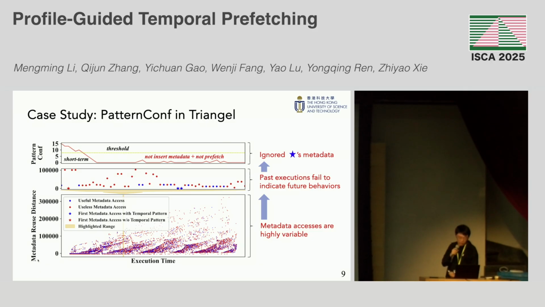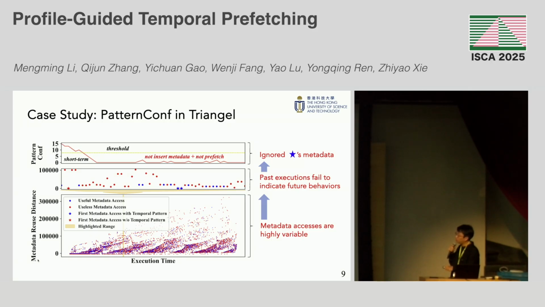As shown in the bottom figure of this slide, metadata accesses are highly variable, characterized by interleaved useful metadata accesses and useless metadata accesses. By observing initial metadata accesses, the pattern conf mistakenly considers that the current PC does not show temporal patterns and filters out subsequent metadata accesses, or metadata insertion.